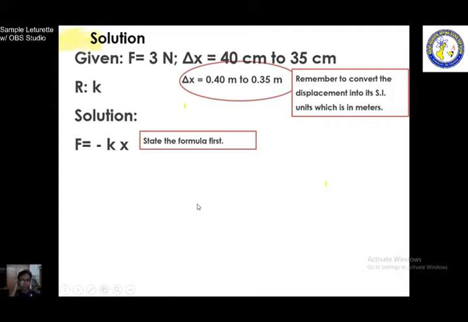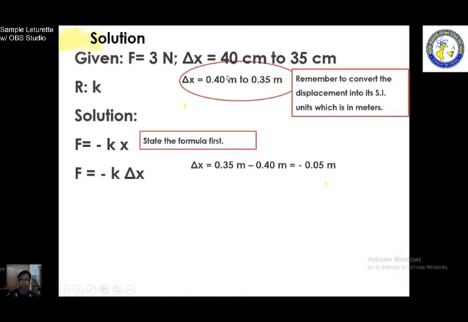Solution. One effective way of solving a sample problem in the GRS method is to state the formula first and make sure that the formula is very relevant to the problem, because there are lots of formulas and not all formulas are useful. So F equals negative Kx. So F equals negative K times change in x, because you change the position of your spring.